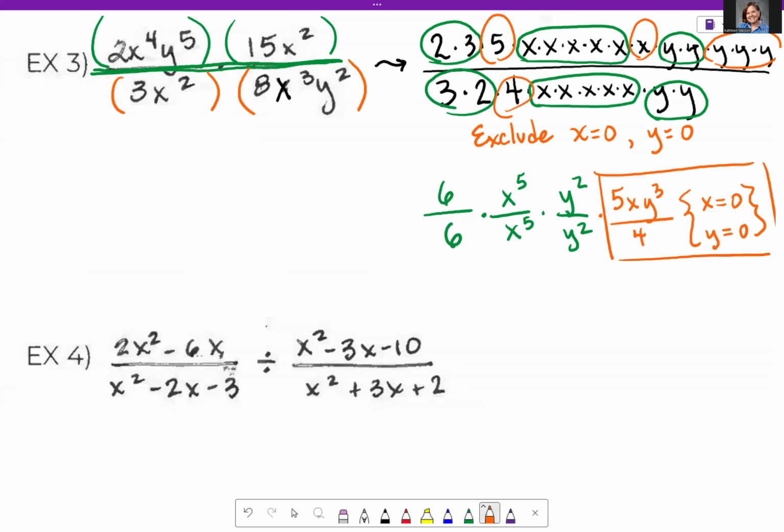So here's my simplified rational expression.